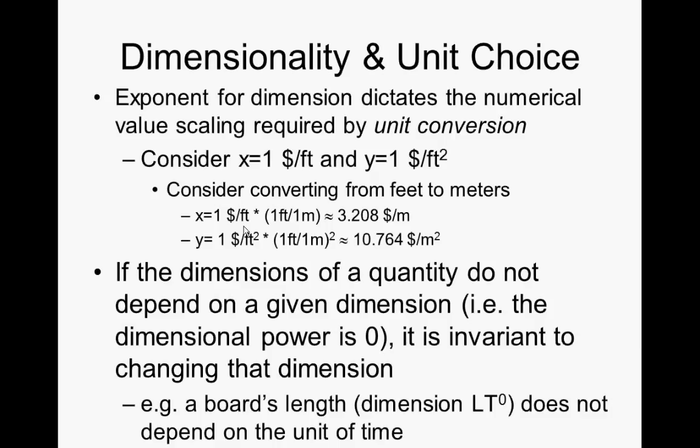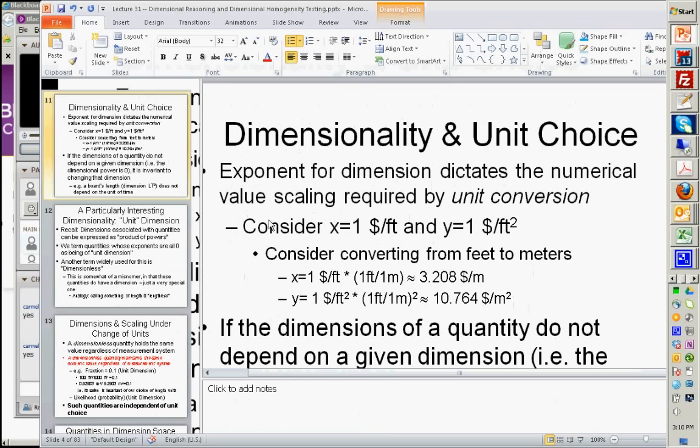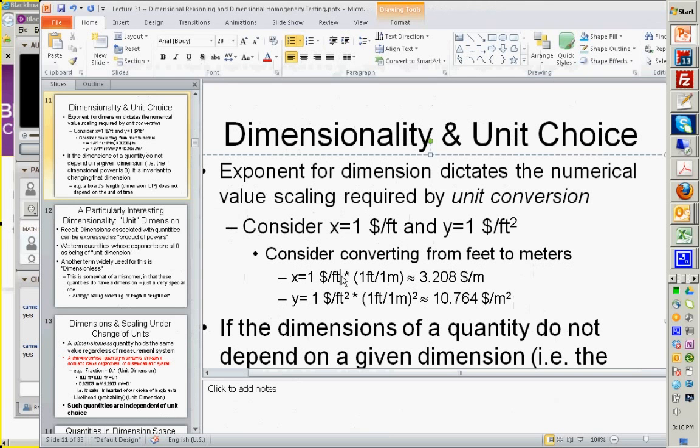Well, what you have to multiply it by depends on the power associated with the thing. For this calculation, what I had to multiply by was 1 foot per meter, precisely because this is foot to the 1 power. I'll make this very explicit, like that. This is per foot squared power, so I'm multiplying times that there.